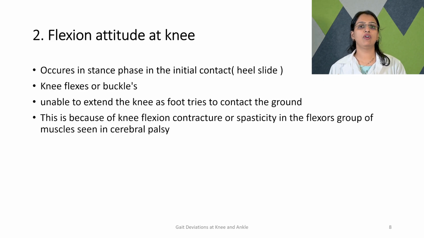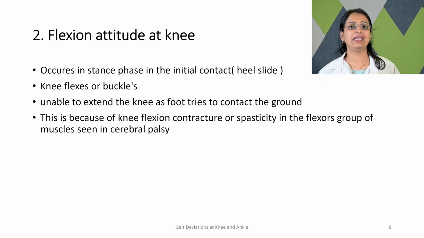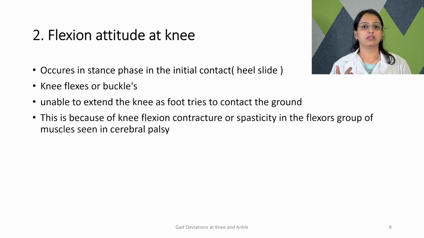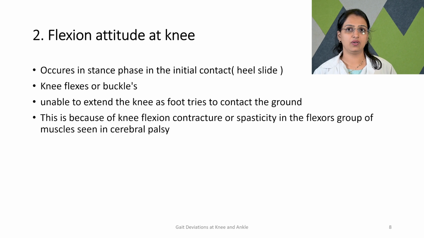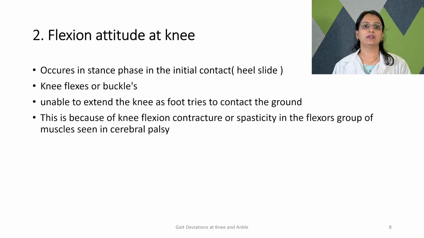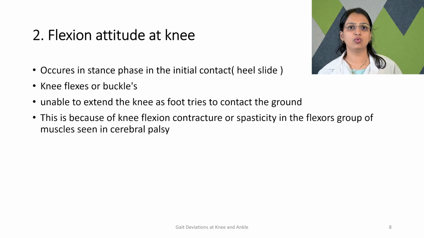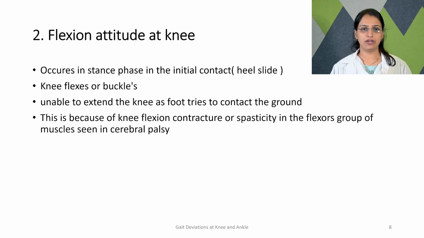This happens due to knee flexion contracture, or if there is spasticity in the flexor group of muscles, the knee is unable to extend. Due to this, the foot tries to contact the ground. Usually, this type of gait is seen in cerebral palsy patients.